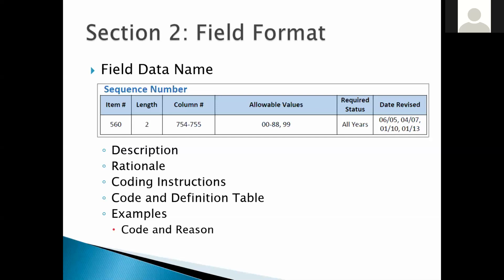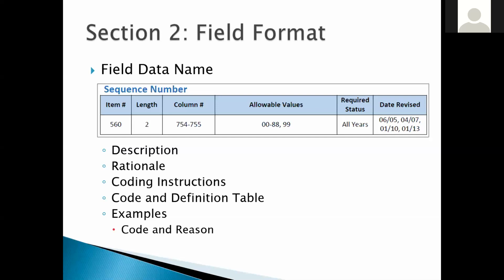It tells you the column numbers for this data item. This is so you know where to find this information when the data is exported to NCDB or the state. Don't worry, unless you work with software or an editing program, you don't need to pay attention to this information. It also tells you the allowable values for this field.